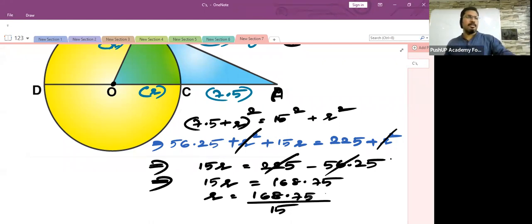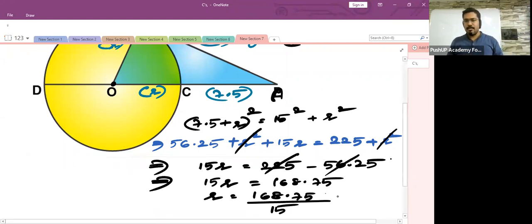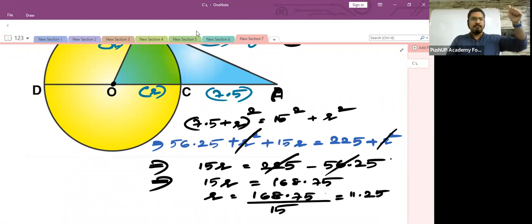Divide it and get me the answer. 11.25. Yeah, how many of you got this? Maria, Pavish? 11.25. Very good. Rian, Maria.